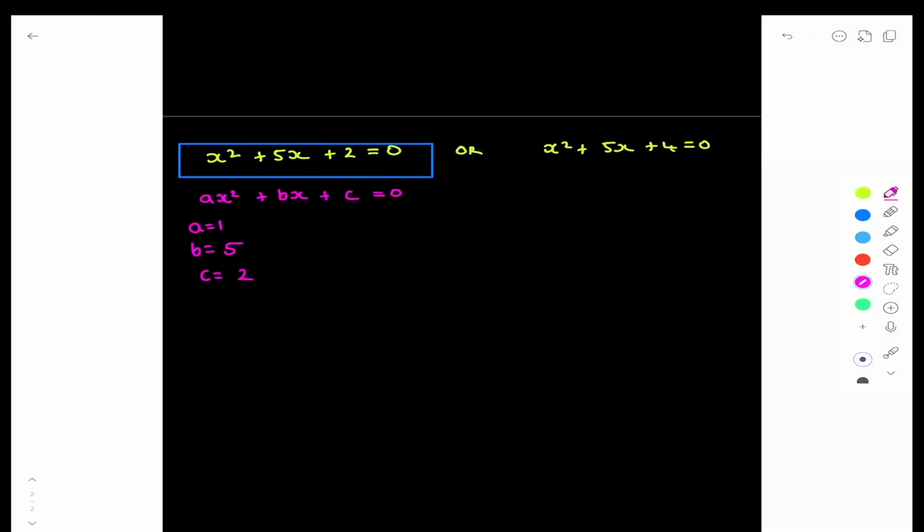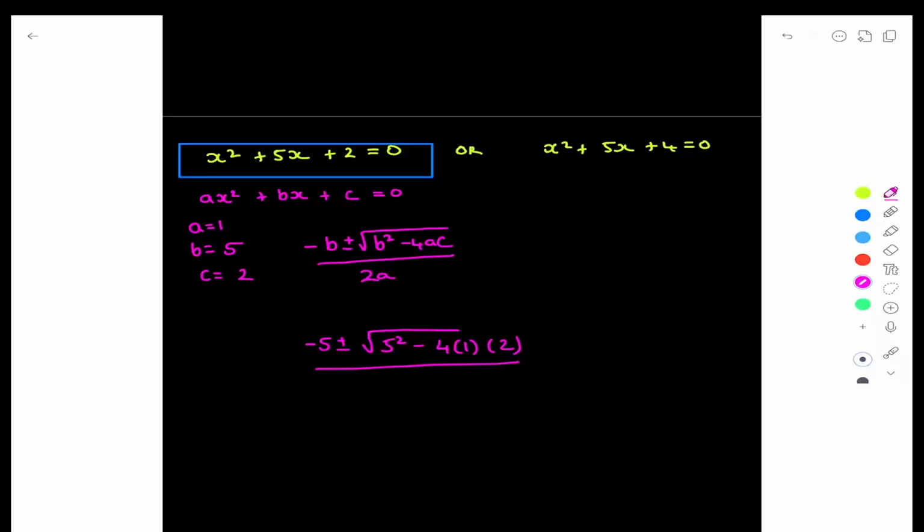Let me write out my quadratic formula, which is negative b plus or minus the square root of b squared take 4ac, over 2a. And let's sub in our values. So we have negative 5 plus or minus the square root of 5 squared take 4ac, all over 2a.